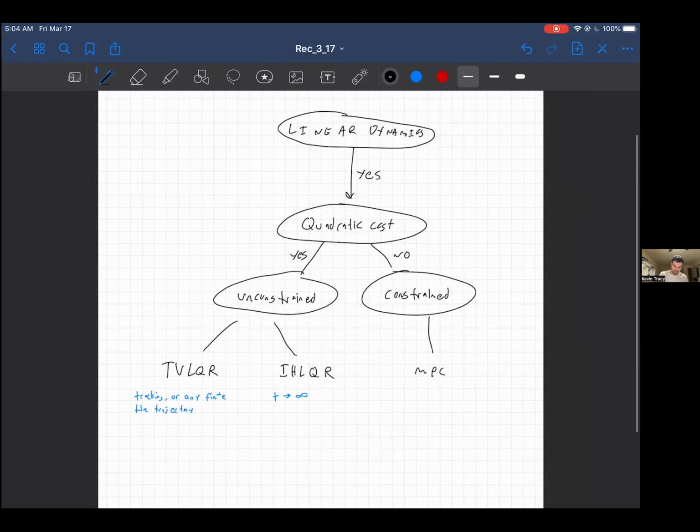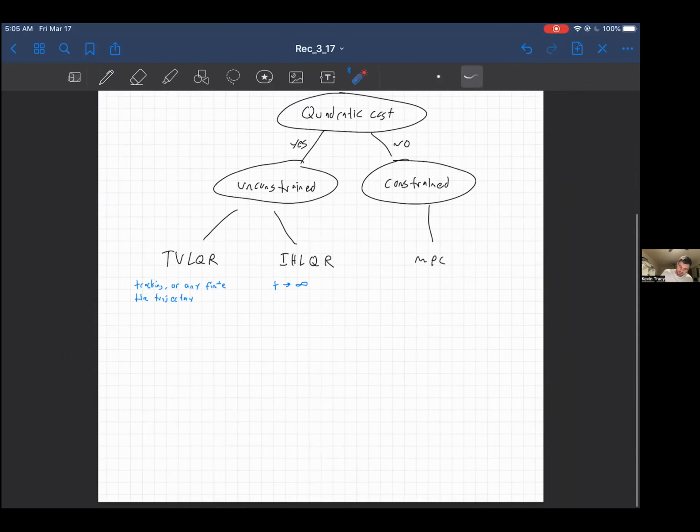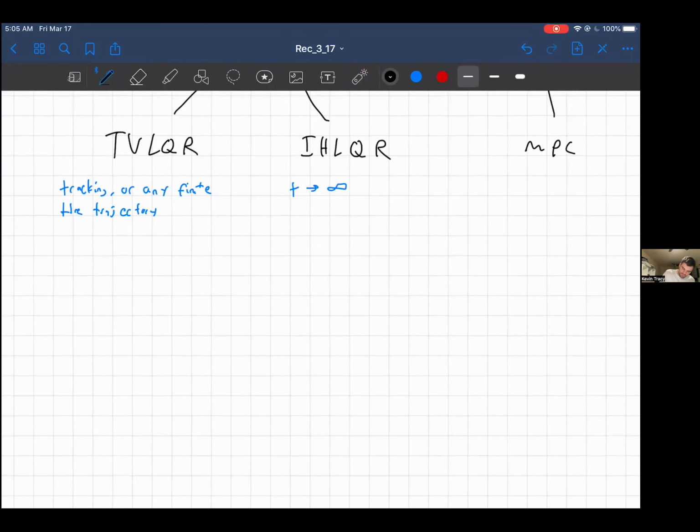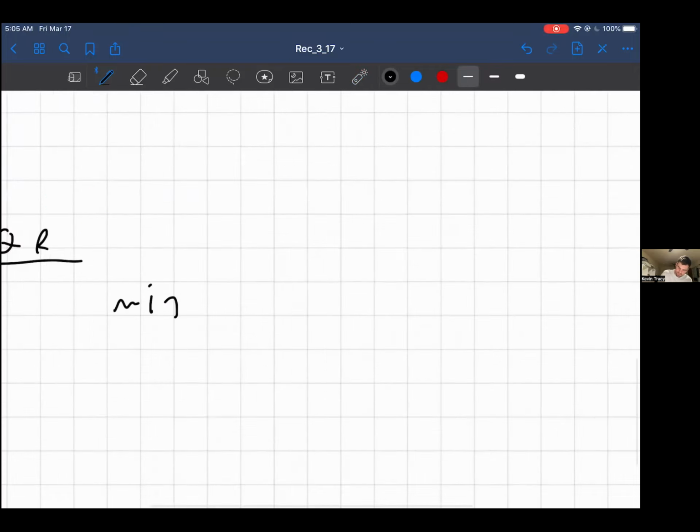So we had some questions specifically about the relationship between these two things, and it's totally valid. So I'll give some examples as to when we'd use one versus the other. I'll do TV LQR. If you remember, this cost function was minimizing over i equals 1 to n.